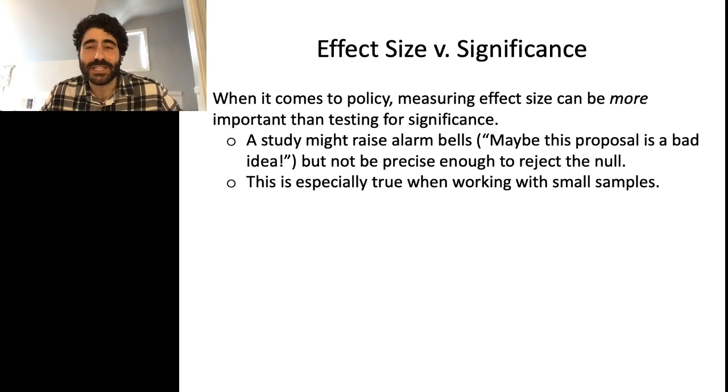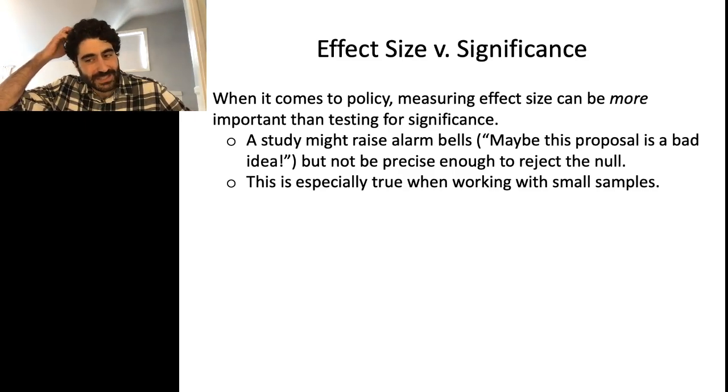It's important to differentiate between we didn't get a small p-value because it looks like the null is probably true, meaning the data is inconsistent with there being a big effect of any kind, versus the data is consistent with both null effects as well as big effects, and we just don't know which it is. We need more data.